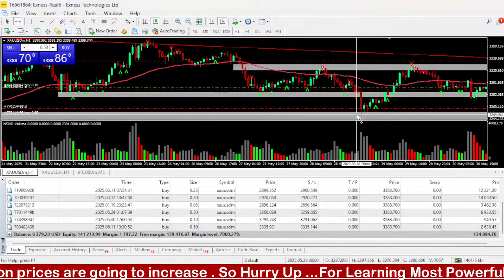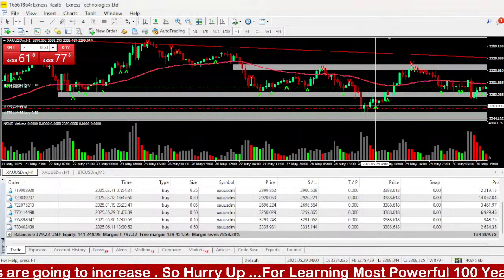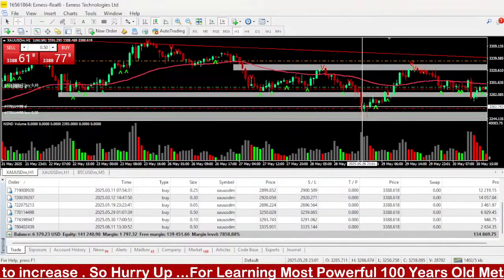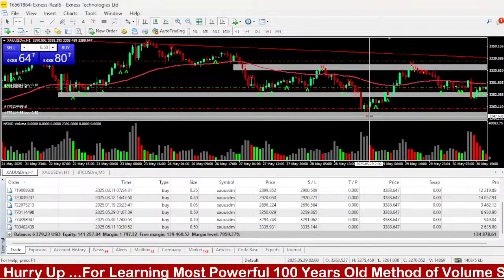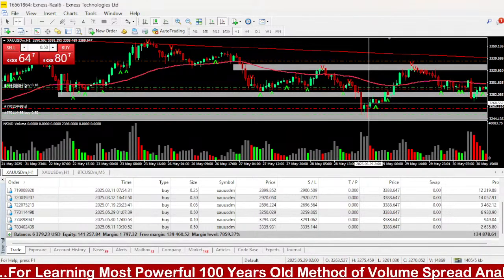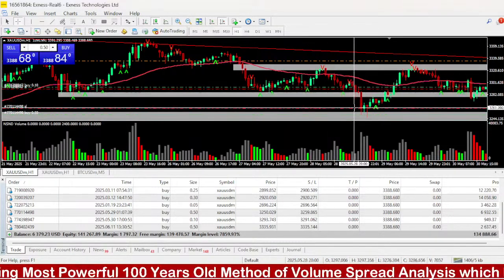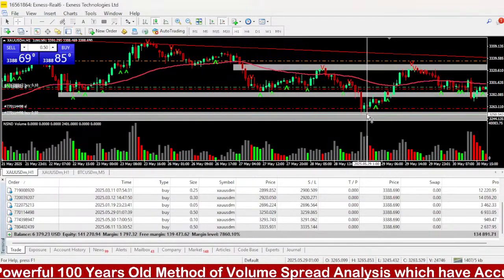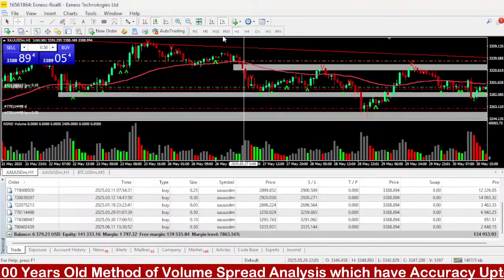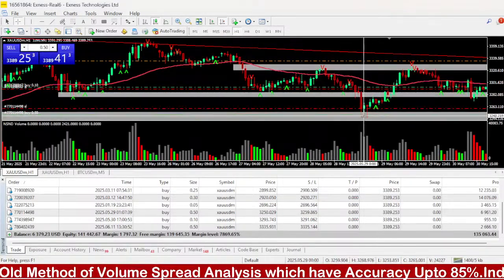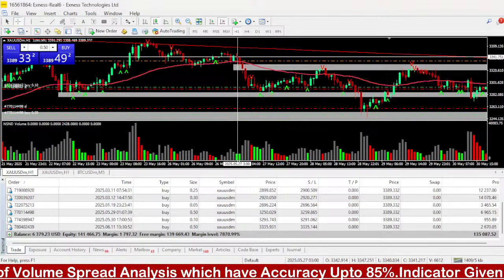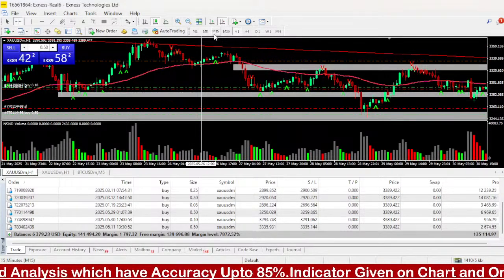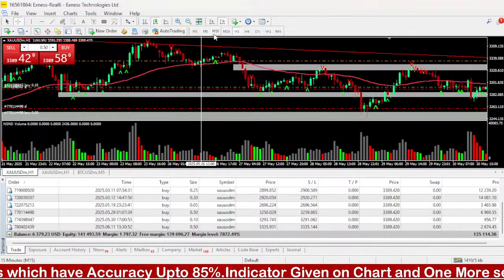Okay, so there are multiple behaviors and multiple things to be considered at this level. For a better or more precise entry, if you have marked this zone in the 1 hour, then when the market retests that zone, again you can go into a lower time frame like 15-minute and 5-minute.